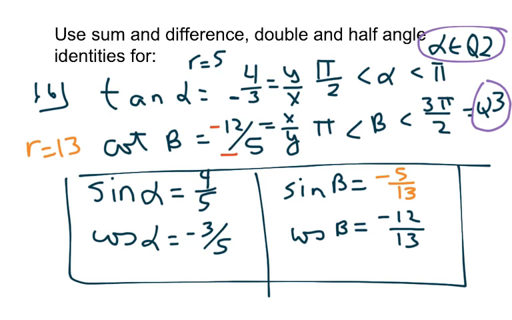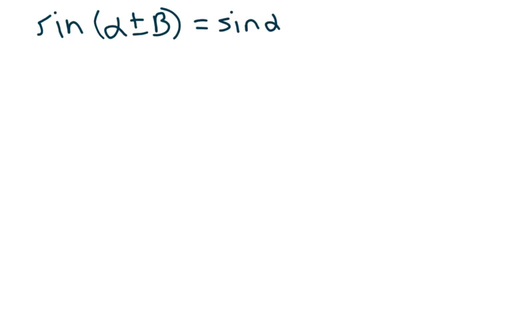We're going to do our sum and difference formulas first, the same way we did the prior two videos. So here we go. Make sure you write these down. Sine of alpha plus or minus beta equals sine of alpha cosine of beta plus or minus cosine of alpha sine of beta.